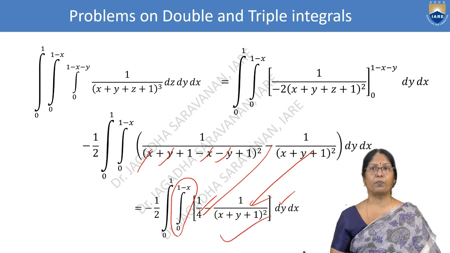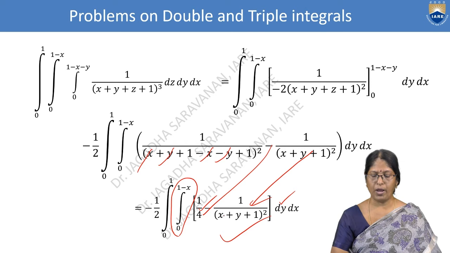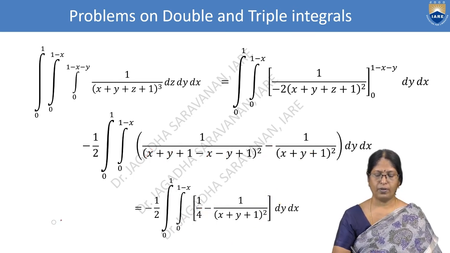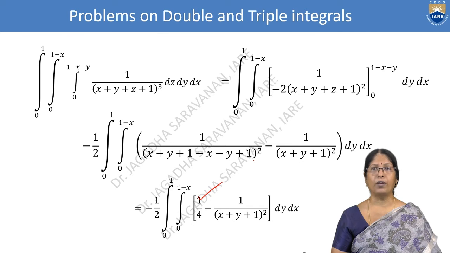This is the last step we got. Now 1 by 4 integrated with respect to y will become y by 4.